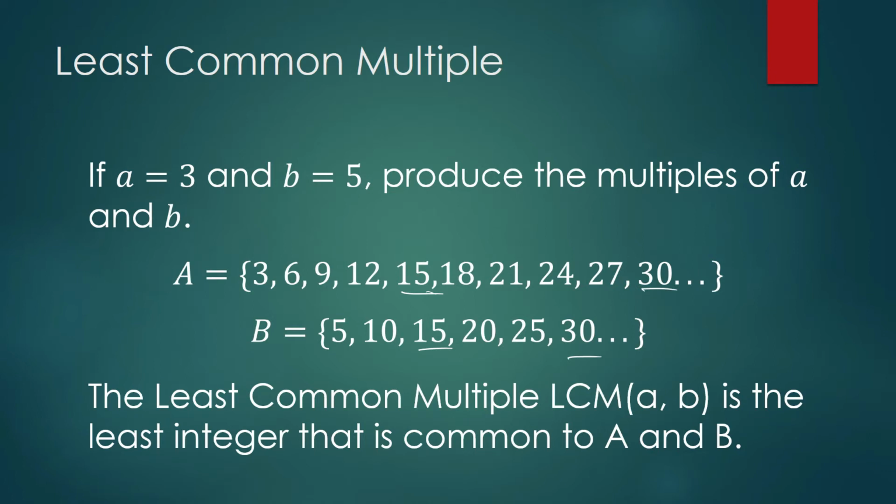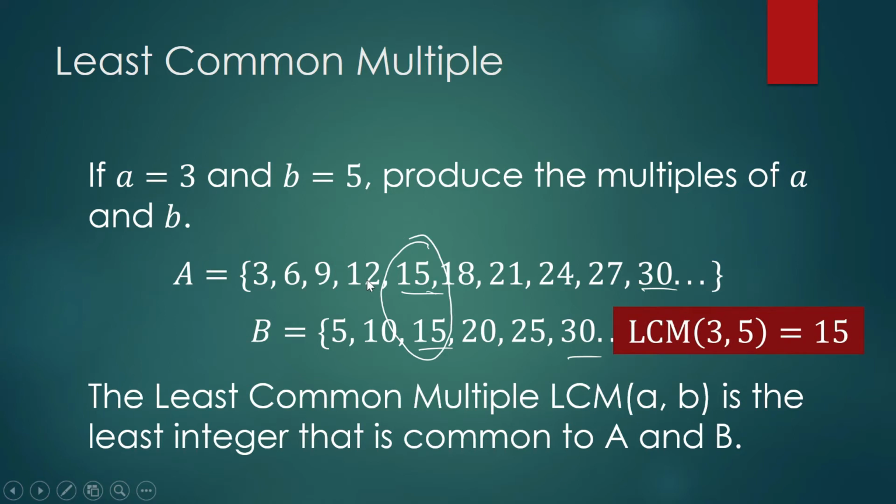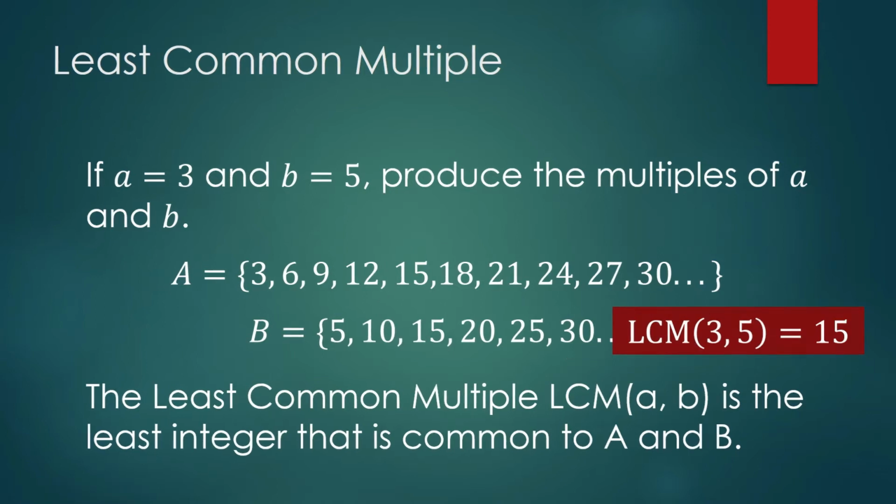There are many common multiples, but the LCM is the least common multiple. And so in this example, the LCM is equal to 15. And this is our notation. When you see LCM of 3 and 5, it means you are looking for the least common multiple of 3 and 5.